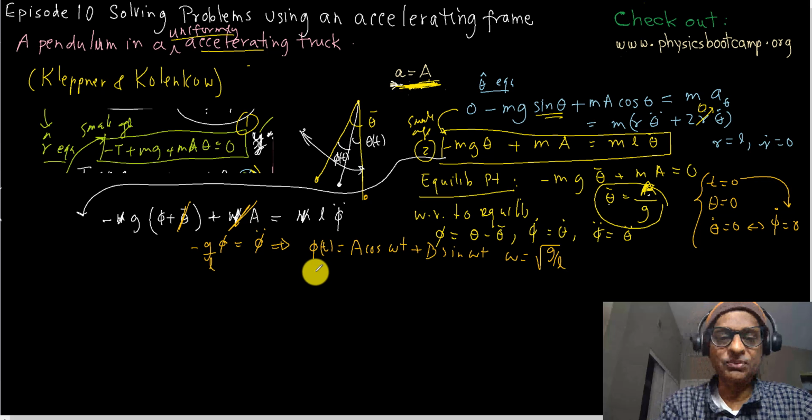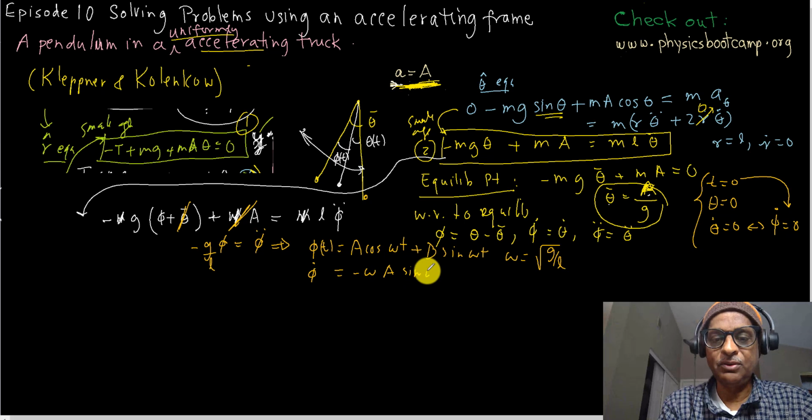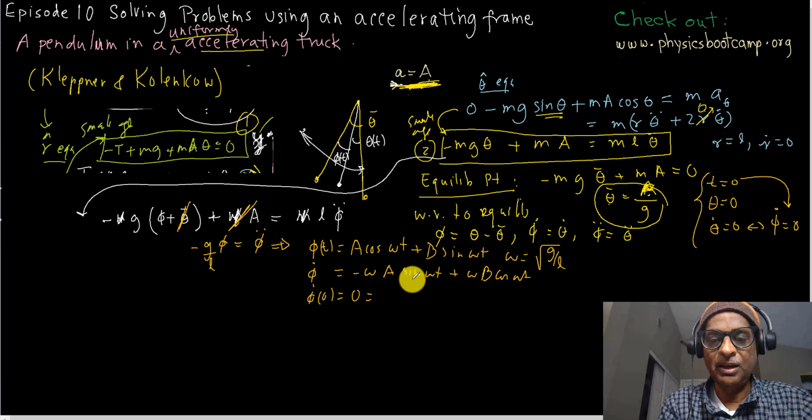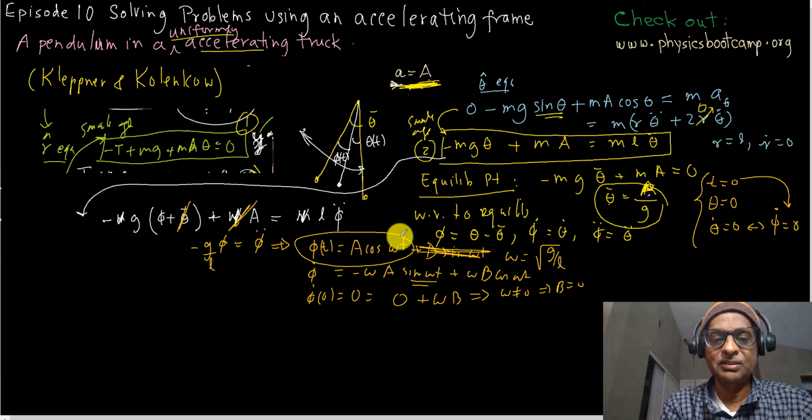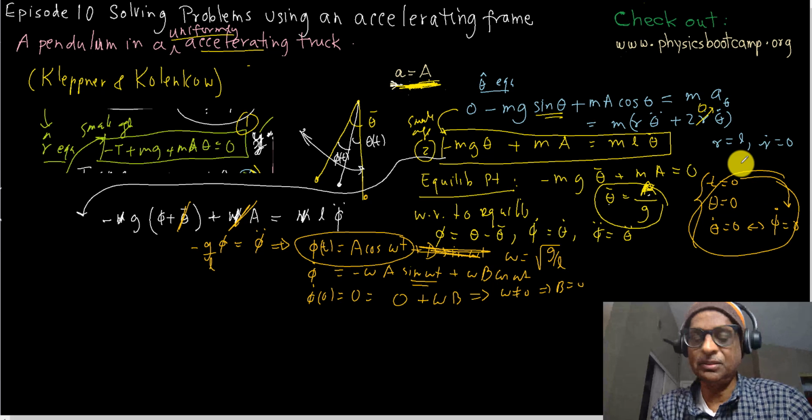You can see phi dot here: that will be minus omega a sine omega t plus omega b cosine omega t. If phi dot at 0 should be 0, the sine goes to 0, and this is just omega b. That means omega not equal to 0 gives b equal to 0. So you don't even have that term because of this initial condition.